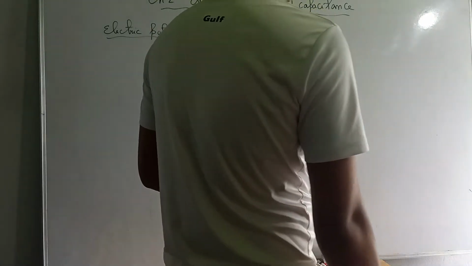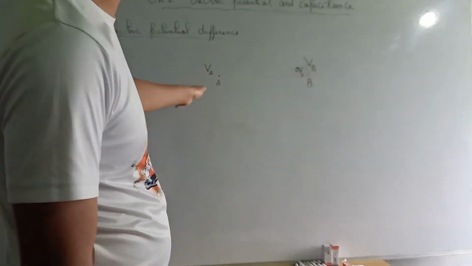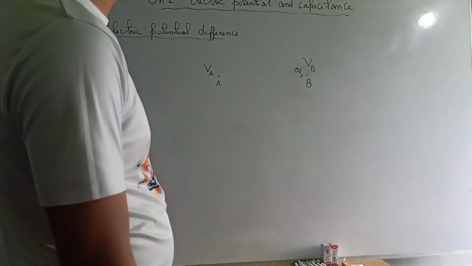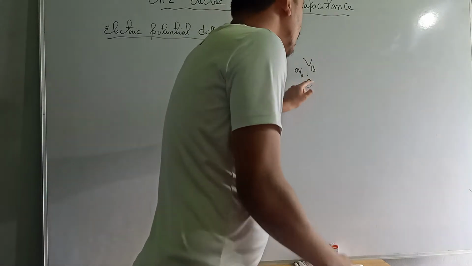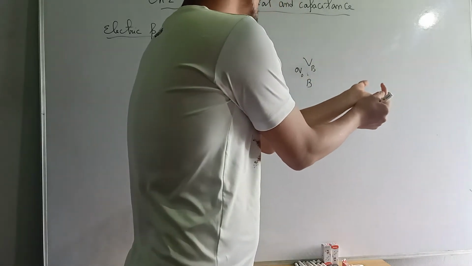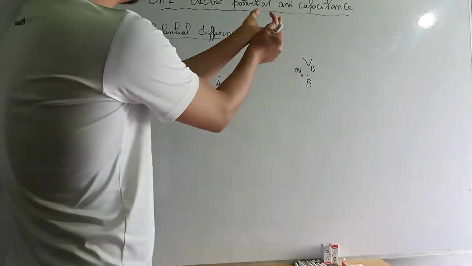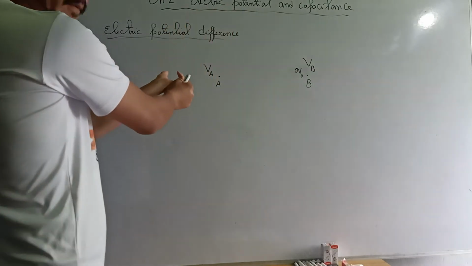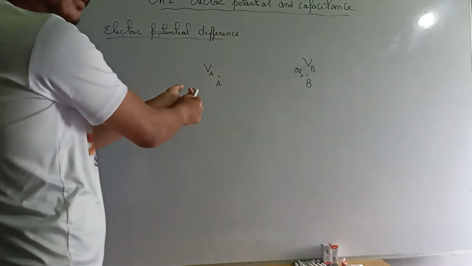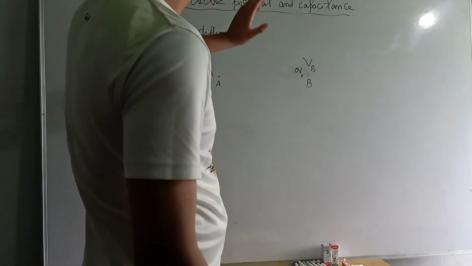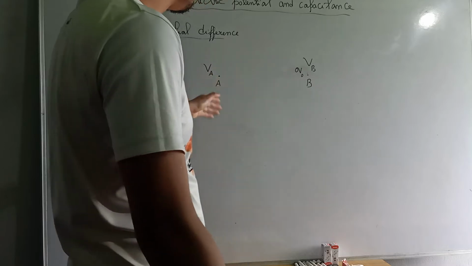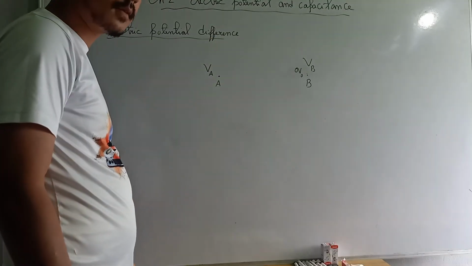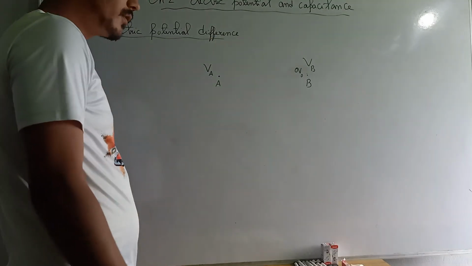Now, if you want to find out the electric potential difference between 2 points A and B, what you need to do? From this point B, you bring this test charge Q0 to the point A. Is it okay? So, in order to bring this test charge Q0 from B to A, some work has to be done. And who does the work?